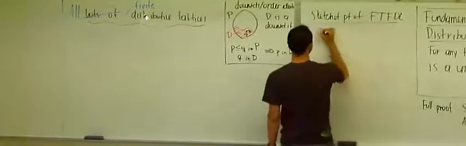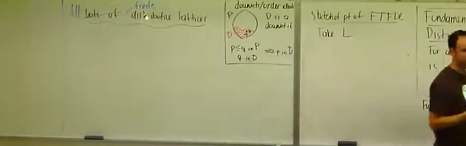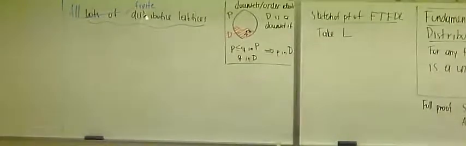Take L distributive, okay, and I drew one here. What is your P? Well, it should just be taking the join irreducibles. You can do that for any distributive lattice. So take a distributive lattice like this one.